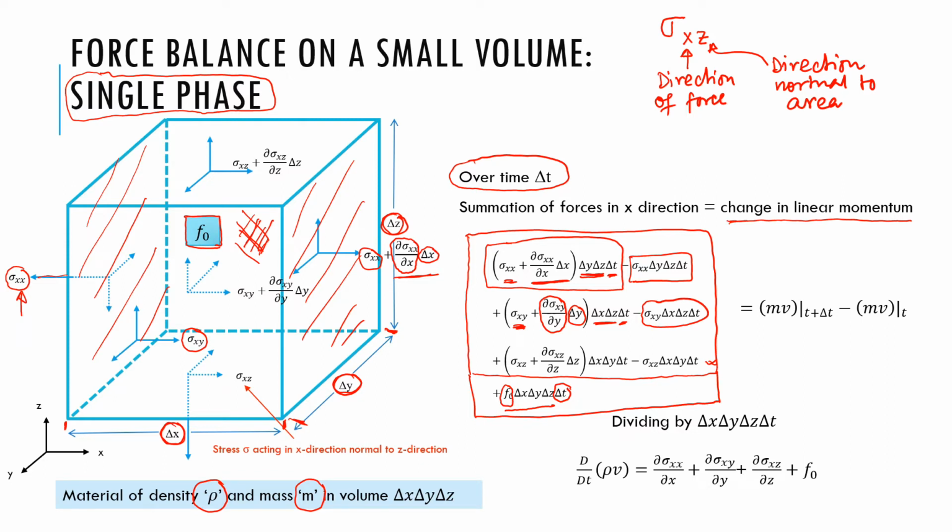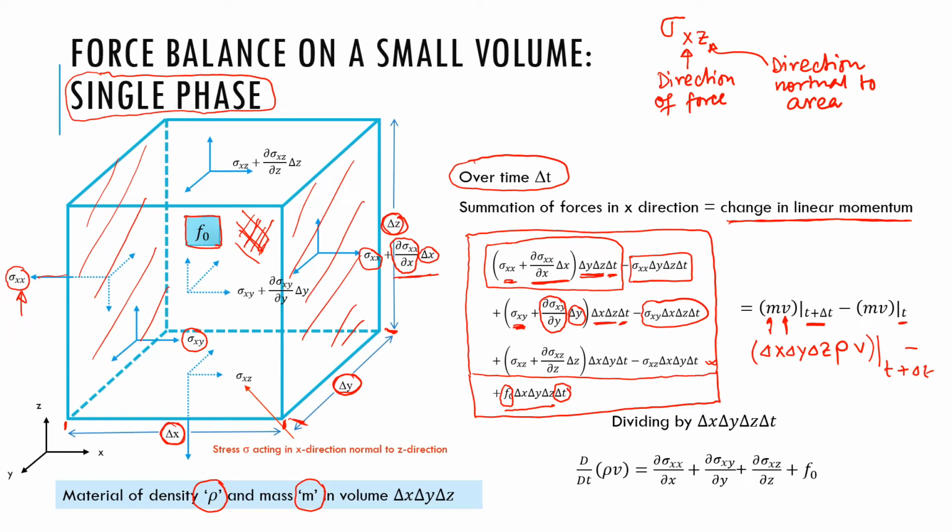So the change in linear momentum is the mass of the cube times its velocity at time t plus delta t minus the same at t. The mass of the cube is delta x, delta y, delta z times rho.